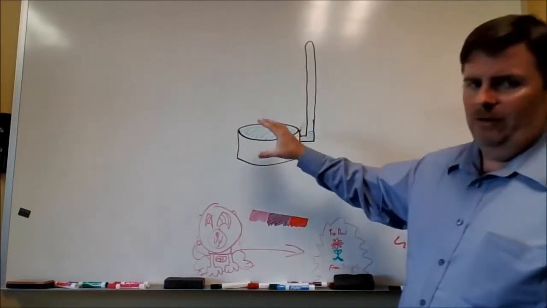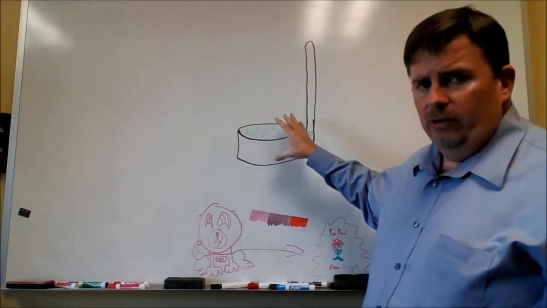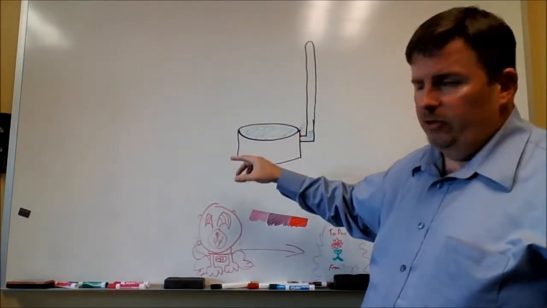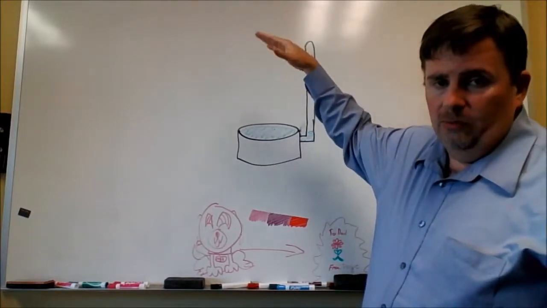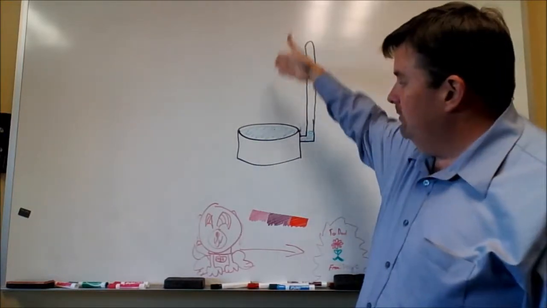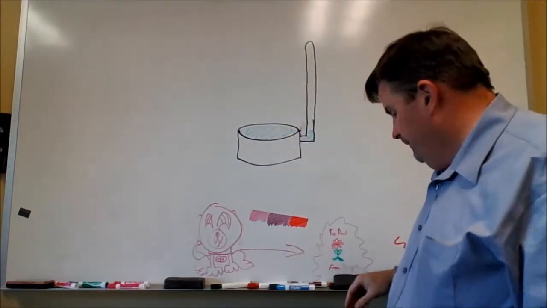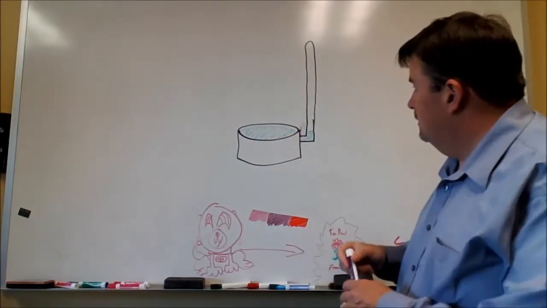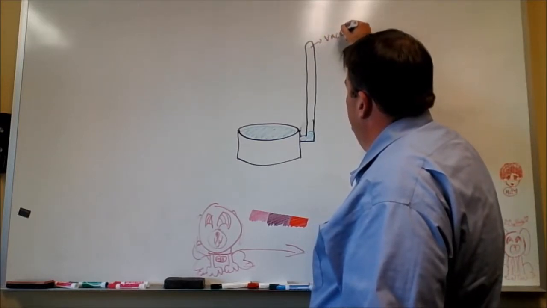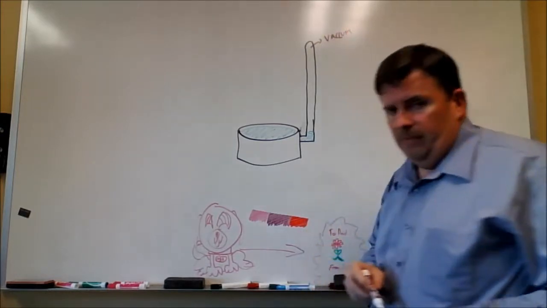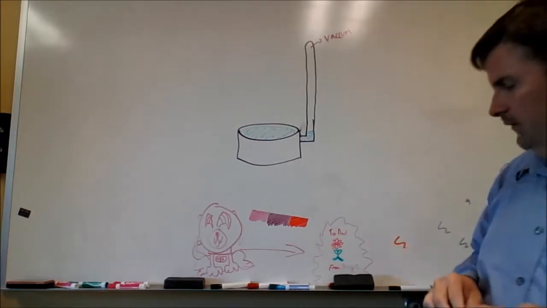And what they did is they filled a little container full of mercury. Okay, the blue stuff here is mercury. And what's happening is that at sea level, the atmosphere is pushing down on this mercury. And what they did is they took some vacuum, all right, and they put it on one end of a container.